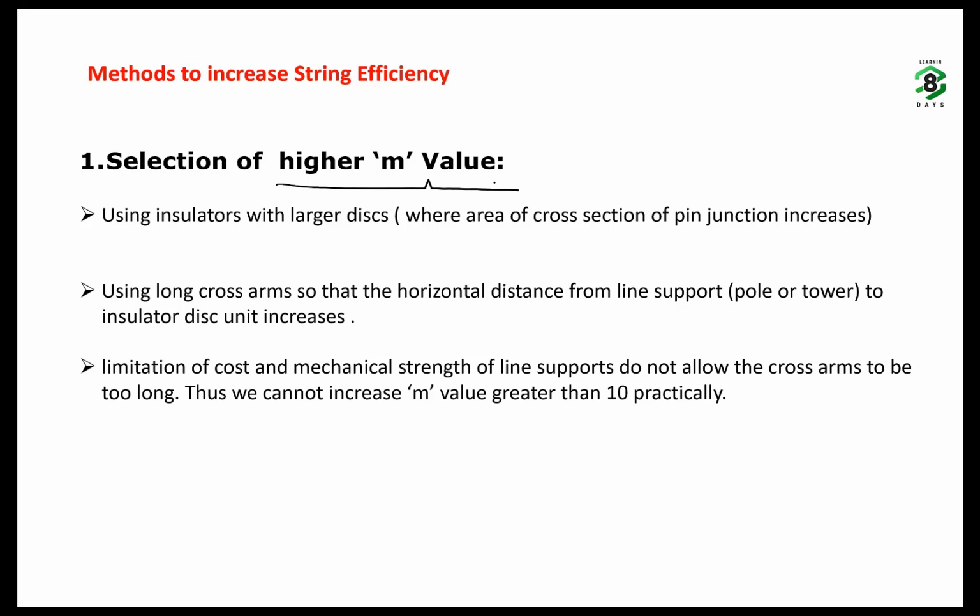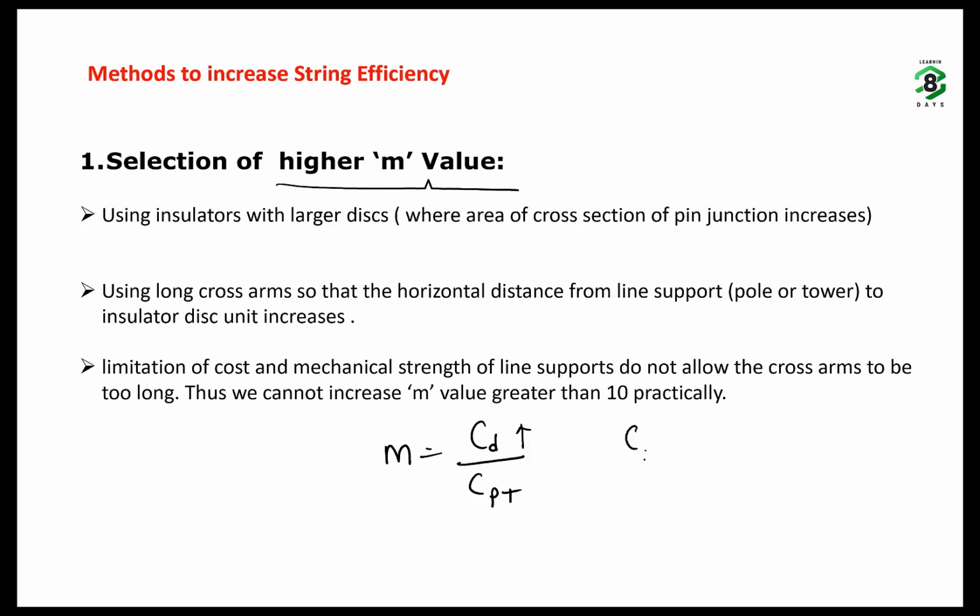Okay. So how to increase the M value? What is the M value? Basically, M is equal to capacitance of the disc divided by capacitance of the CPT. So you can increase the M value either by increasing CD or by decreasing CPT. Since most of the discs are identical, there is no provision to increase CD, but we can decrease CPT.